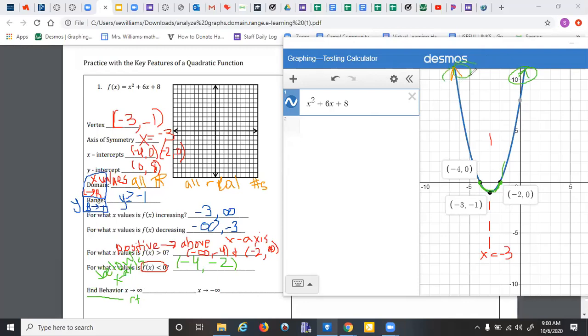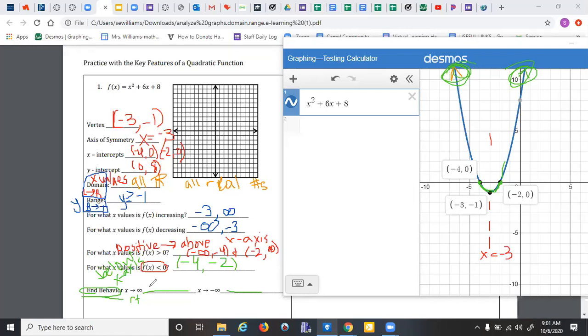So on a parabola, these two answers will always match because the ends always go in the same direction. What are the ends doing? The end behavior, what are the ends doing? Are they going up or going down? They're going up. They're going up, so we call that positive infinity.